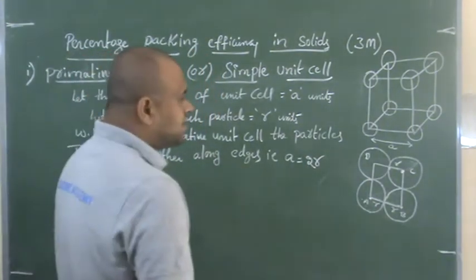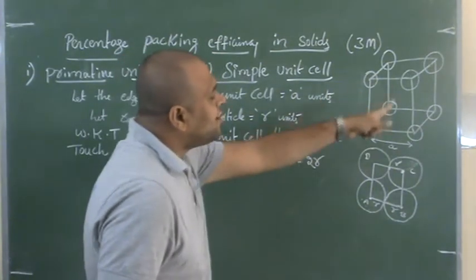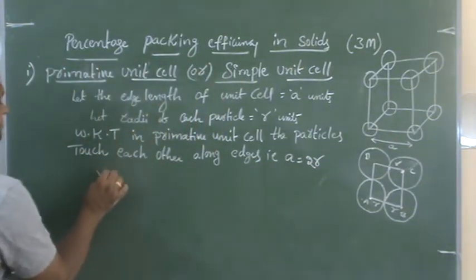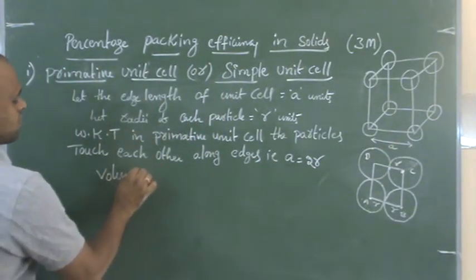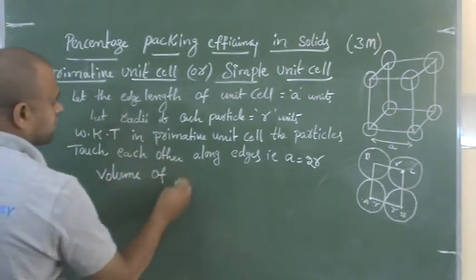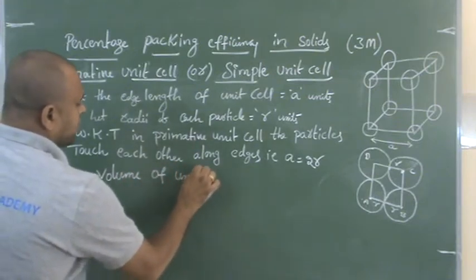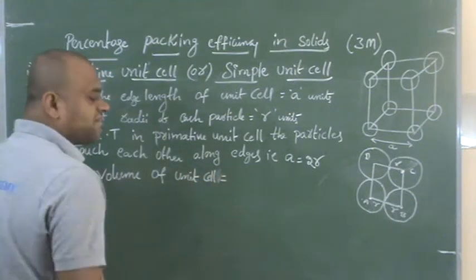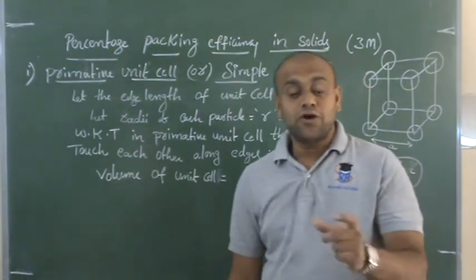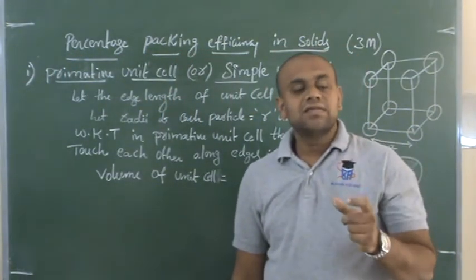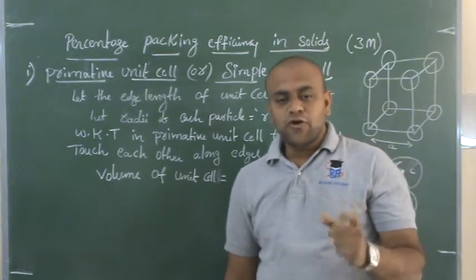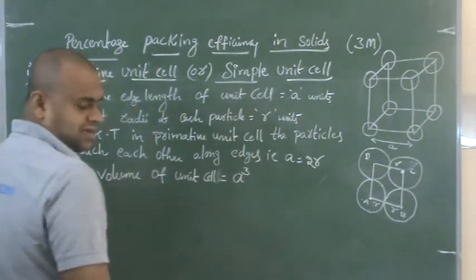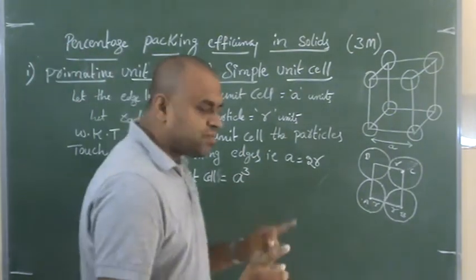Understood, right? Now, total volume of unit cell. What is the formula for volume of a cube? a cube. That is length into breadth into height.